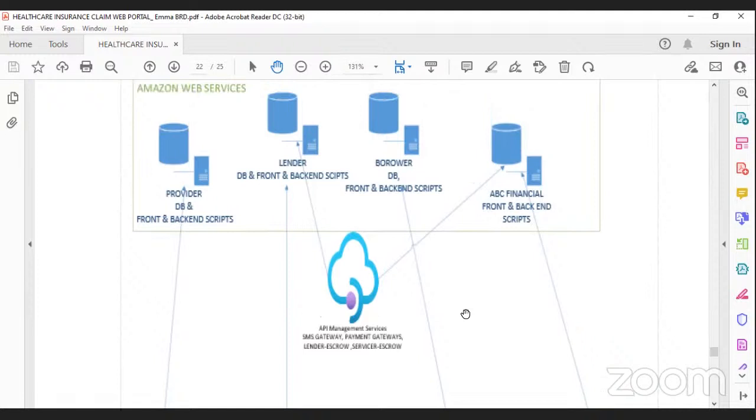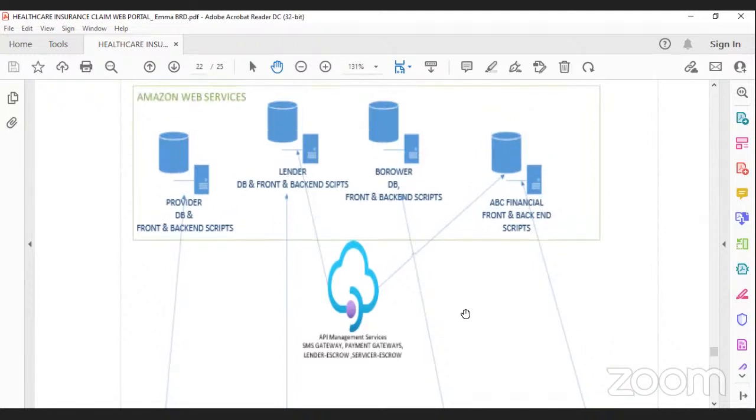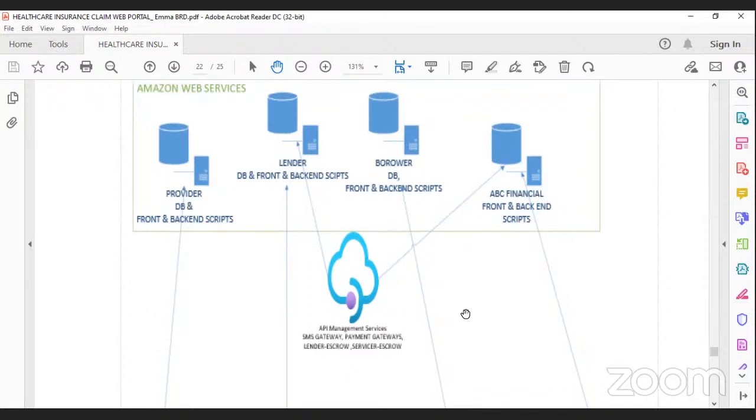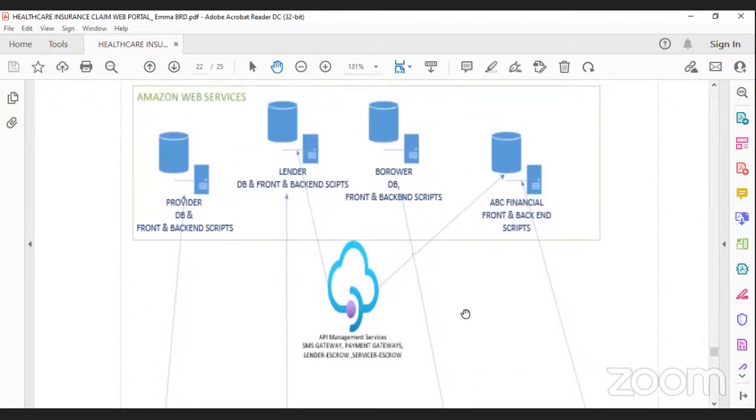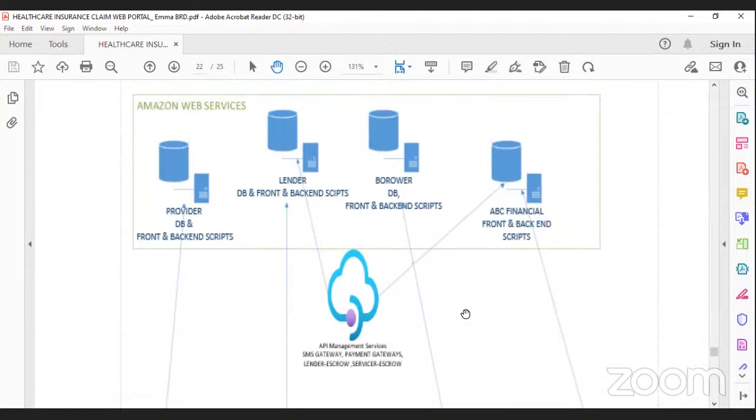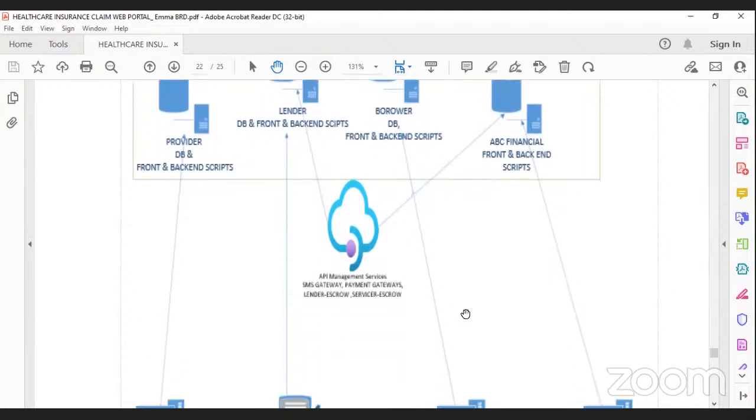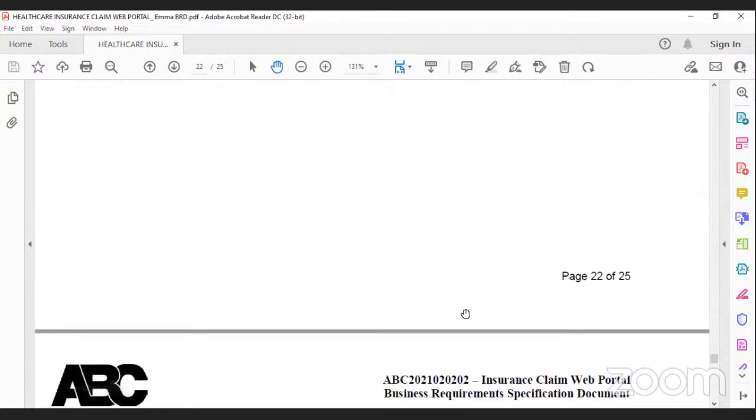If you are accessing the provider portal, it comes here. If you are accessing lender, borrower, ABC Financial, whatever be it that you are doing, this is just a small representation looking at the databases and then also the servers that will help run the program for you.